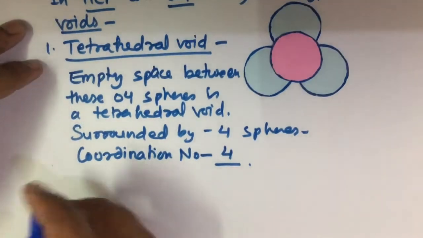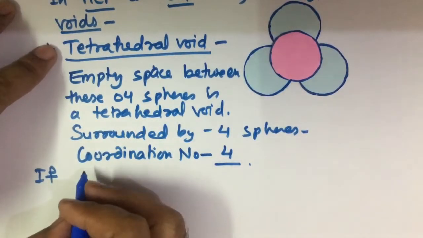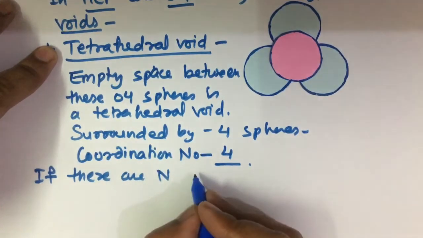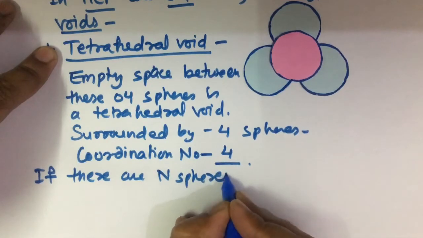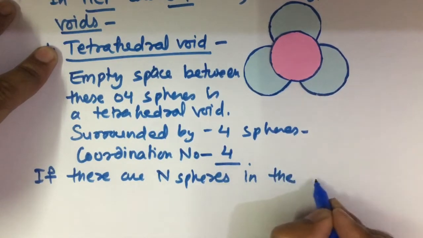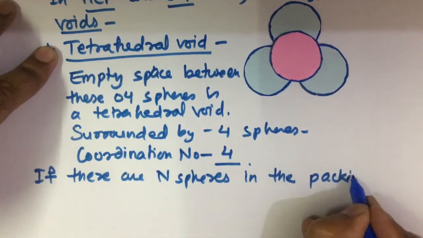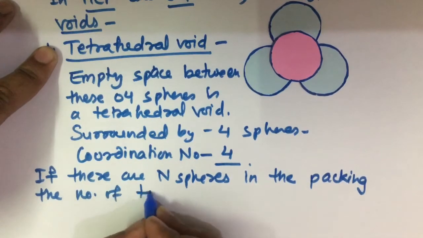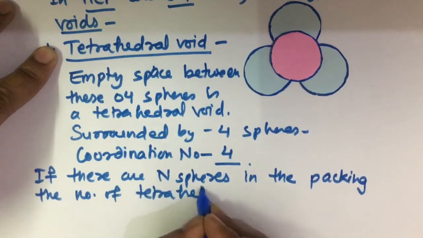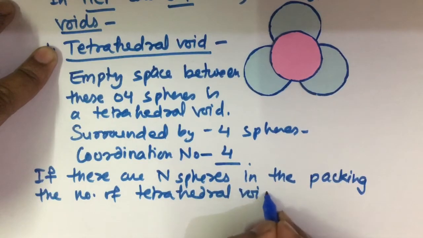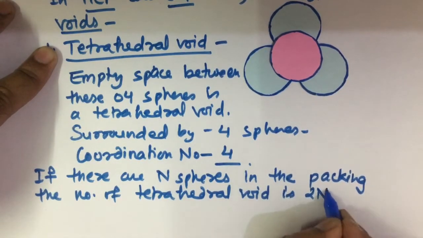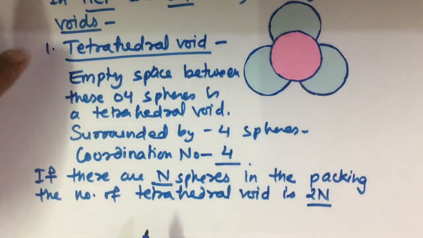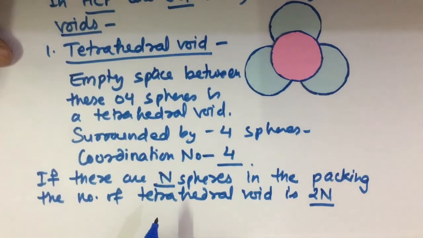Now if there are n spheres in the packing, the number of tetrahedral voids is 2n. For a crystal having n number of spheres, the number of tetrahedral voids is 2n.